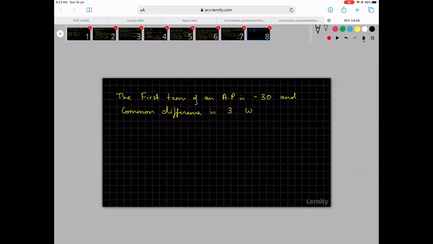What is the 15th term, T15, and S20? What is T15 and what is S20?